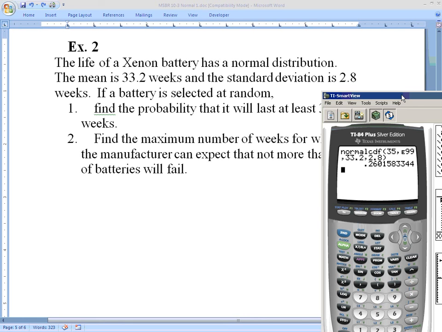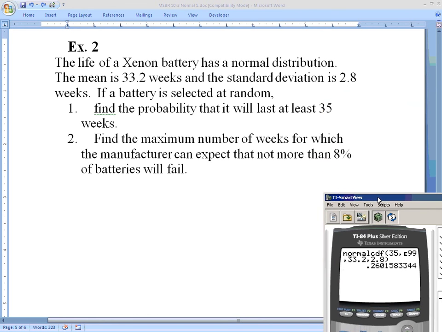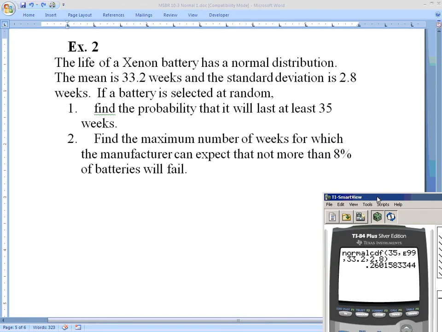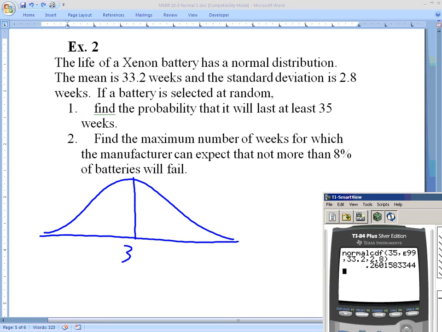Find the maximum number of weeks for which the manufacturer can expect that not more than 8% of the batteries will fail. I think we need to draw a picture here on this one. So once again, we've got our weeks. Let me do a fresh picture here. And our curve, our mean is right here at 33.2.